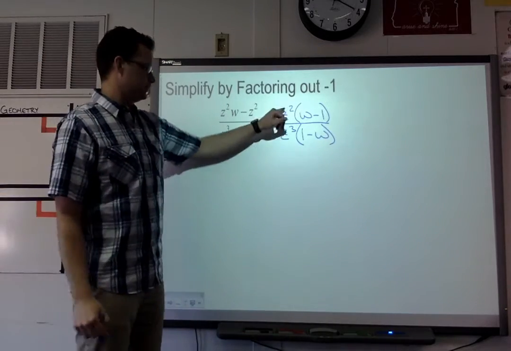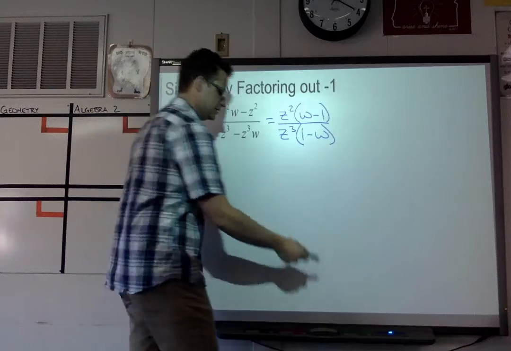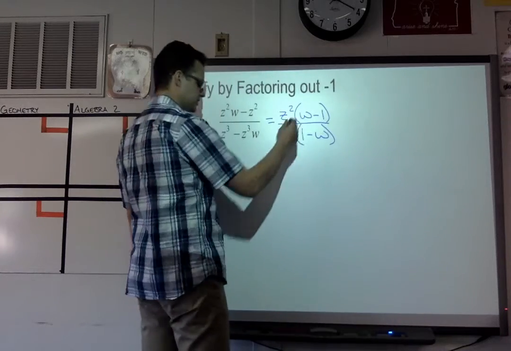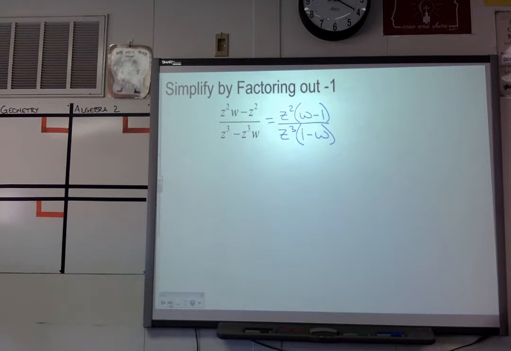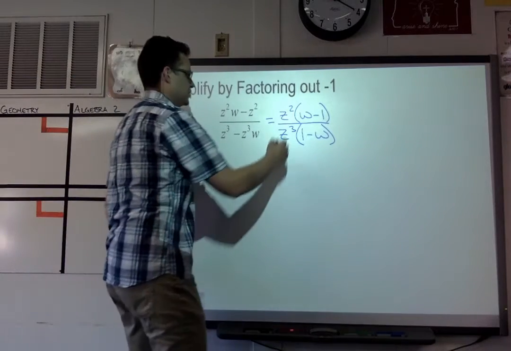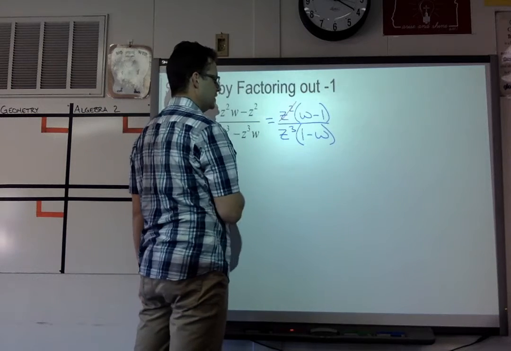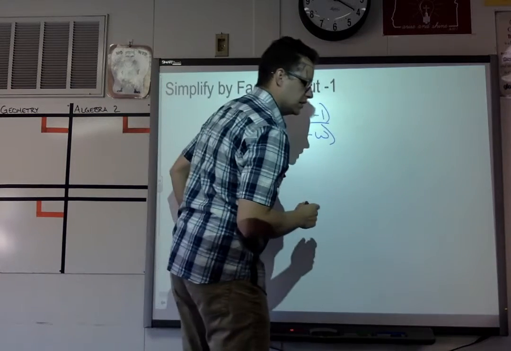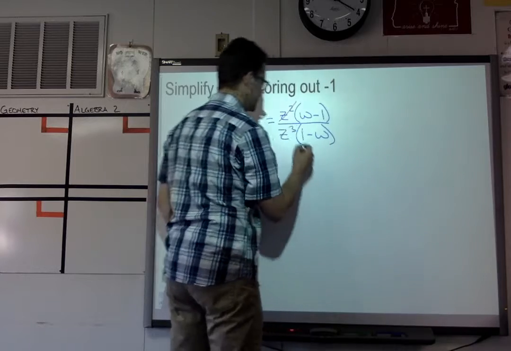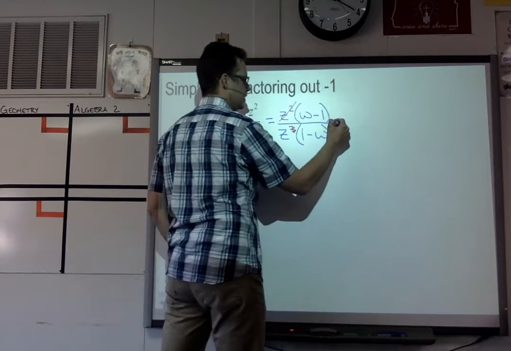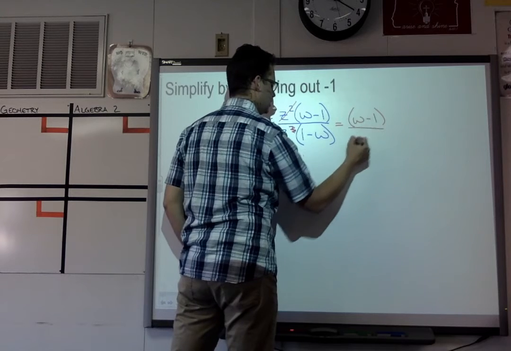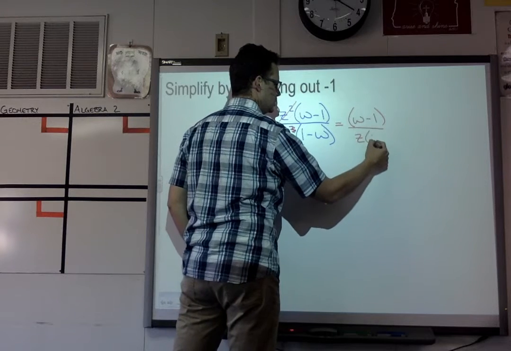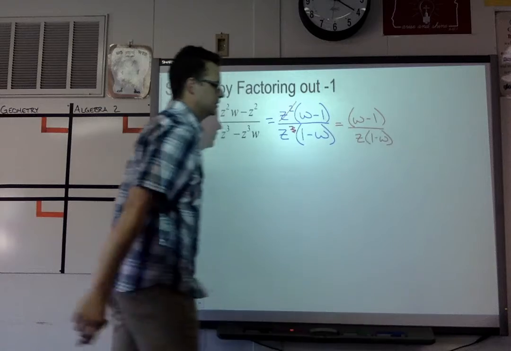So here, I can go ahead and simplify my z squared and my z cubed. And the board is not liking me today. So my z squared completely cancels. I'm left with just a z in my denominator. So I now have w minus 1 over z times 1 minus w.